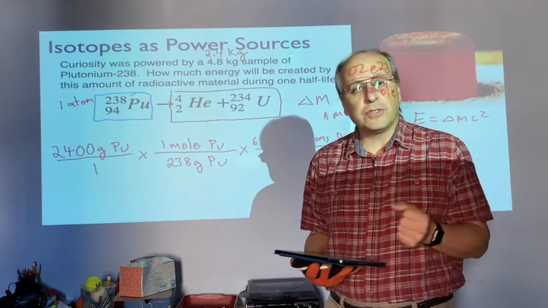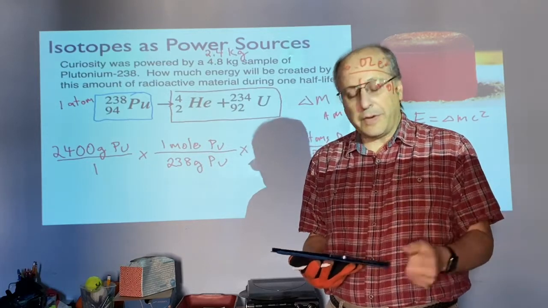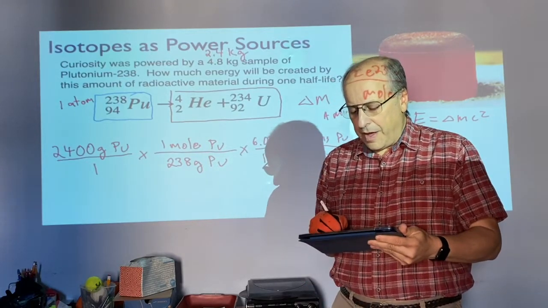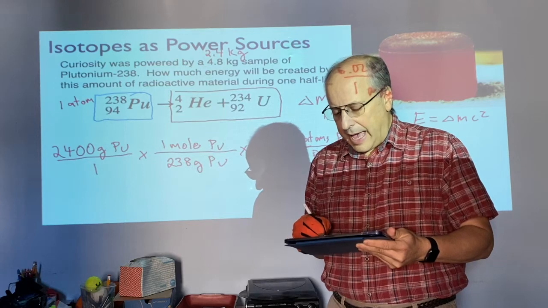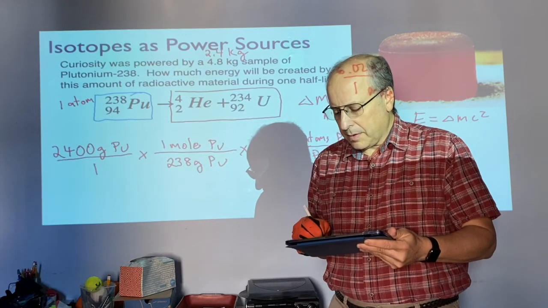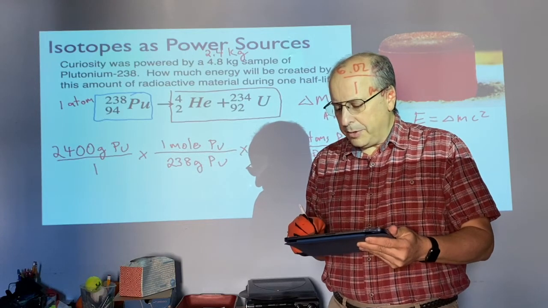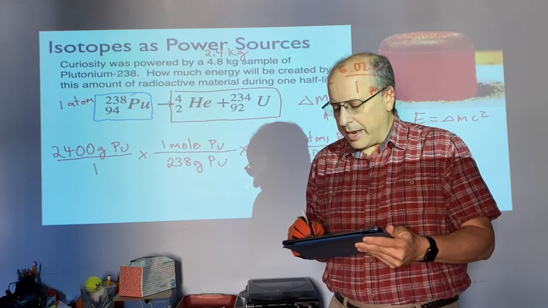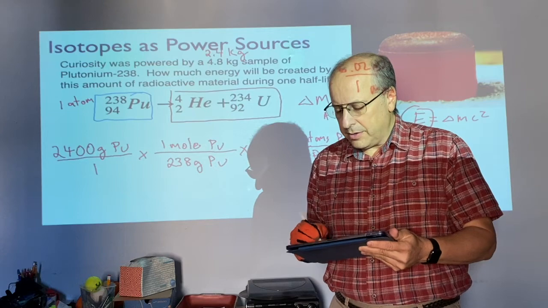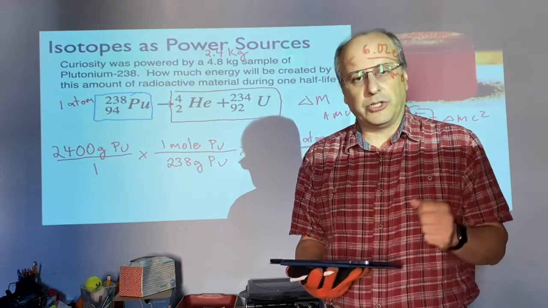That's Avogadro's number. It's the definition of a mole. And then finally, take those atoms, and 1 atom of plutonium will have whatever you found here, joules of energy.